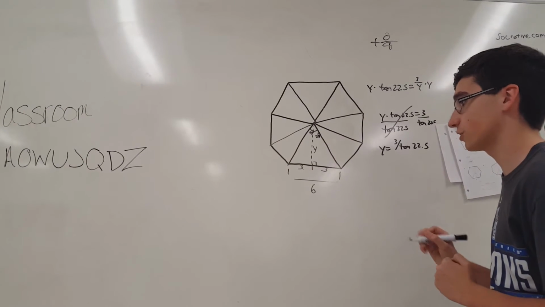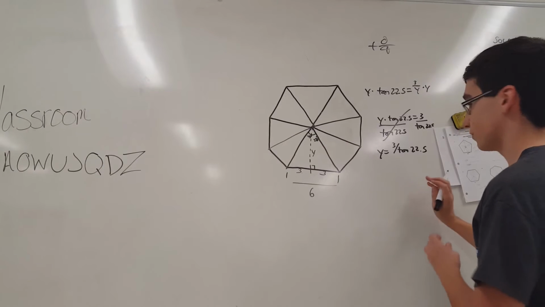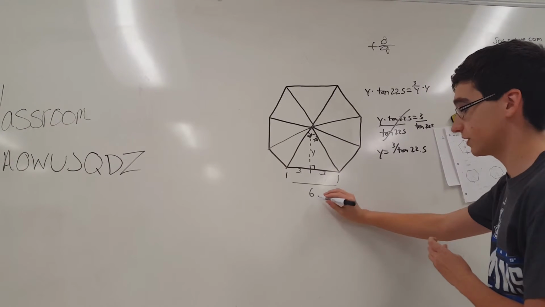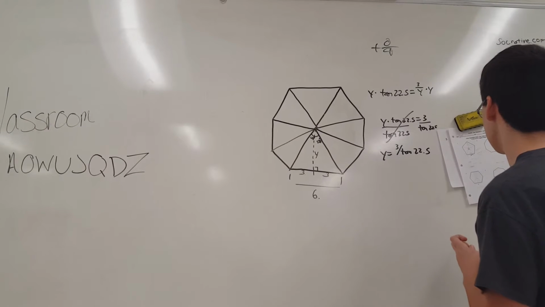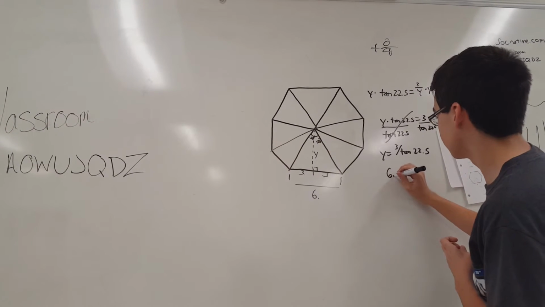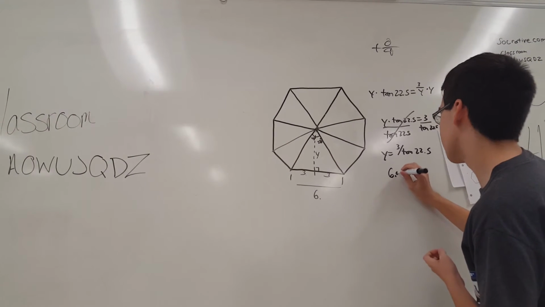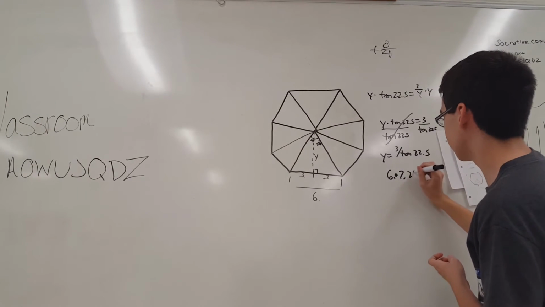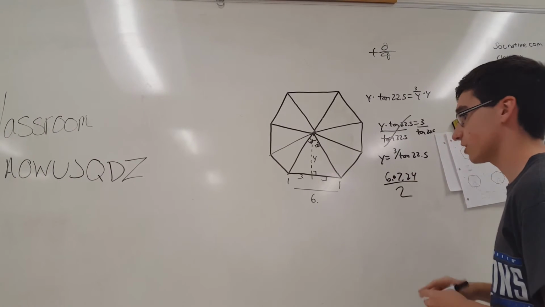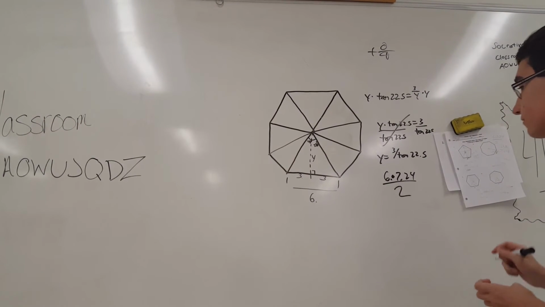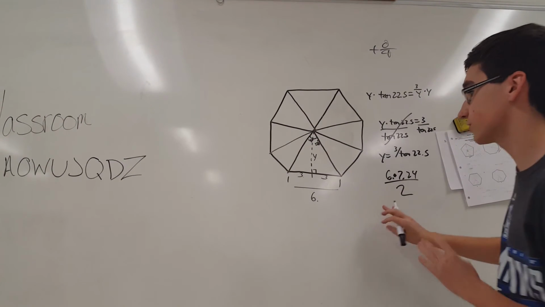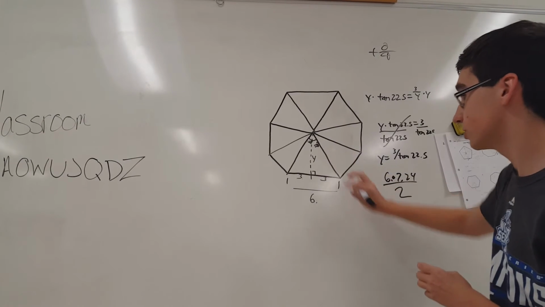Now you can find the area of this whole triangle: base times height divided by 2, so 6 times 7.24 divided by 2. Plug it into your calculator and you get 21.72, which is the area of this one triangle.